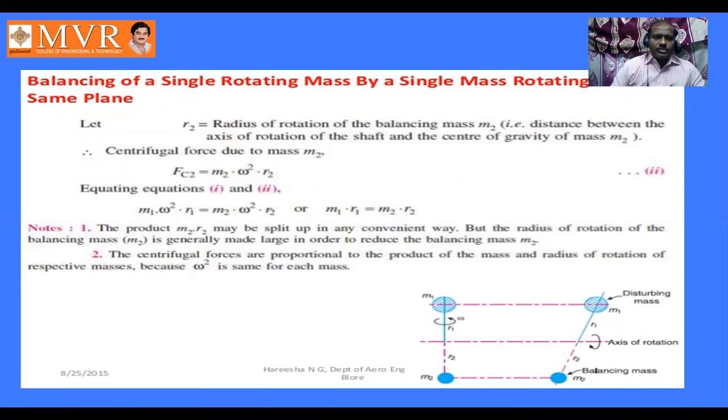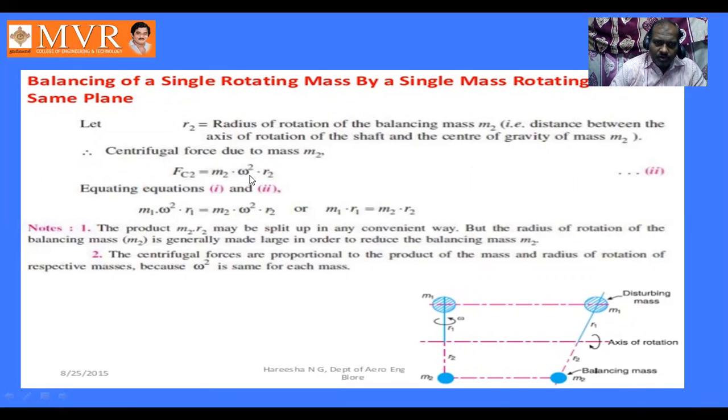So if you observe this, r2 is the radius of rotation of the balancing mass m2, the distance between the axis of rotation of the shaft and the center of gravity of m2. Therefore, the centrifugal force due to the mass m2 is Fc2 = m2 omega square r2. Omega is the speed, r2 is the distance, m2 is the mass.